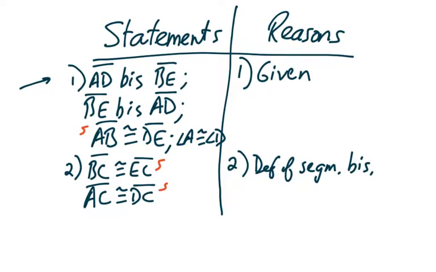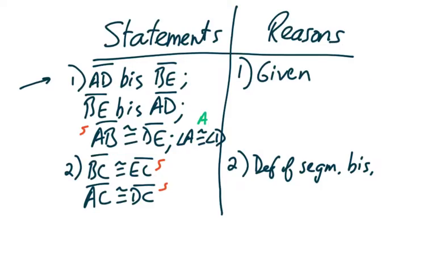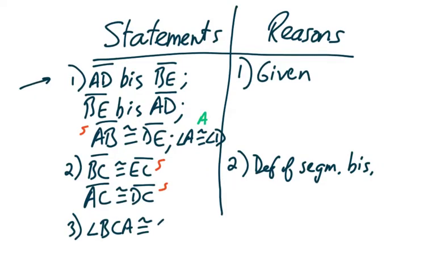Great. Let's do angles. Well, I've got an angle here. And then remember we said the angle's right in the middle because they were vertical, right? The one's right around C. So we said BCA, but angle BCA is congruent to the other one on the right part of it. How about DCE?